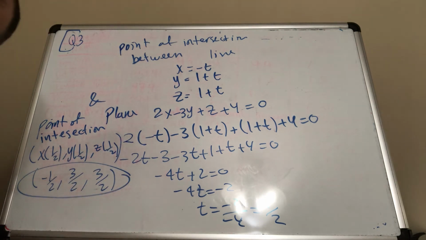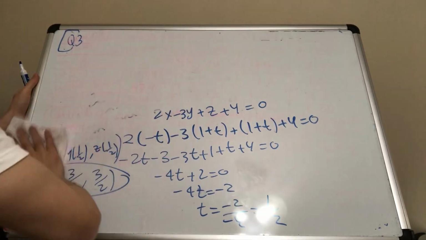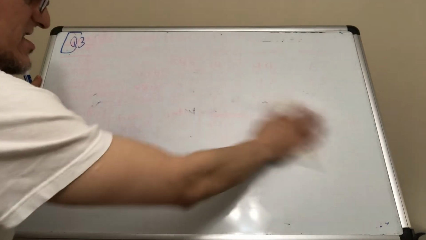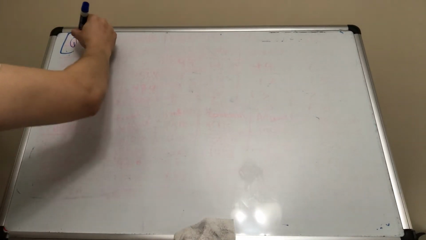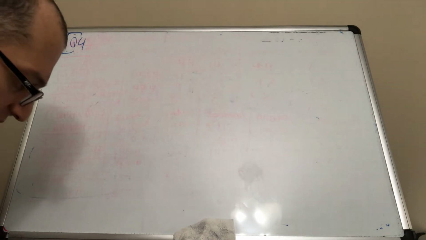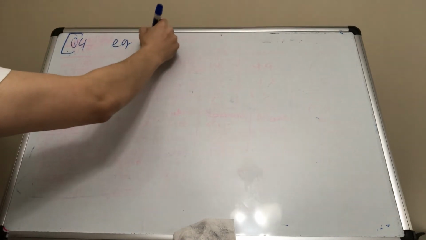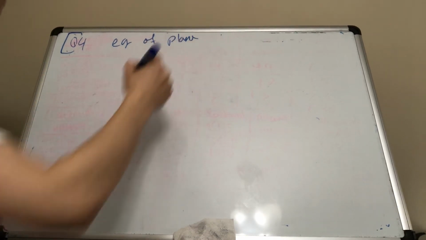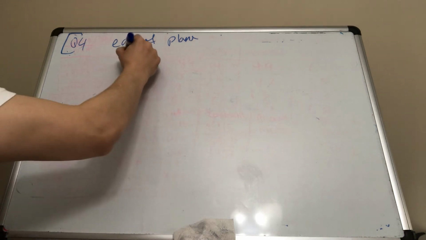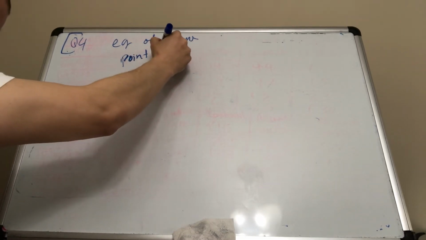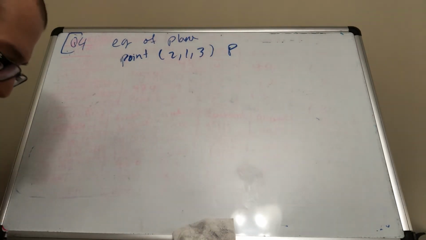Question 4. Yeah, I looked at this question, it wasn't very clear. They say, find the equation of the plane, so you need the equation of the plane. And it's going through the point 2, 1, 3, this is called the P point.